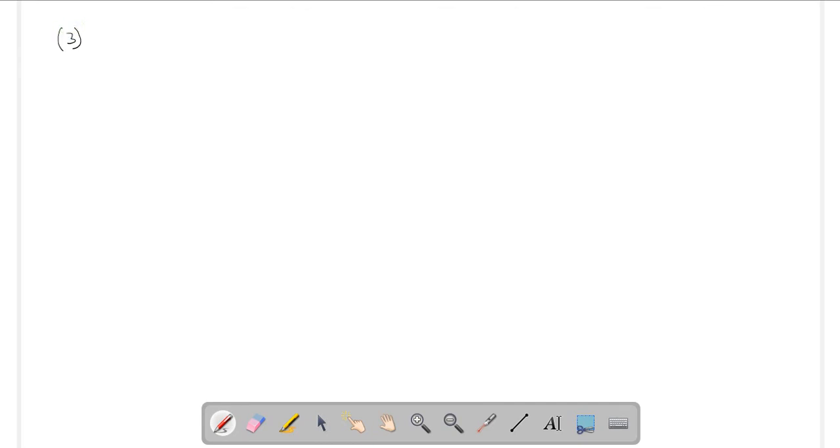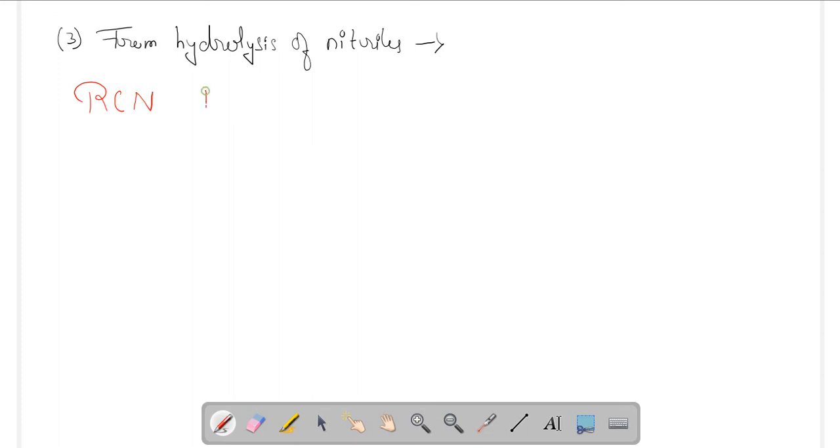The third is the preparation of carboxylic acids from hydrolysis of nitriles. Okay, so here we can take the general reaction as RCN plus hydrolysis, means to react it with water, in the presence of either H plus or OH minus ion, that is in the presence of either acid or base.